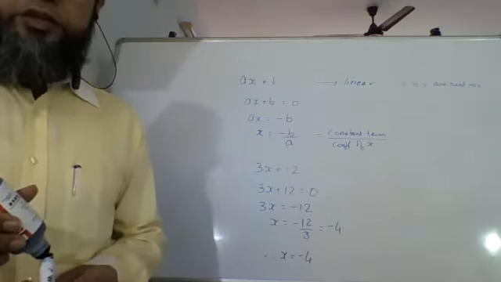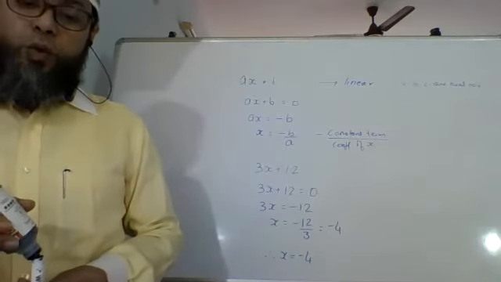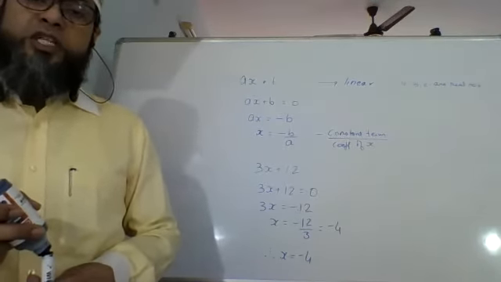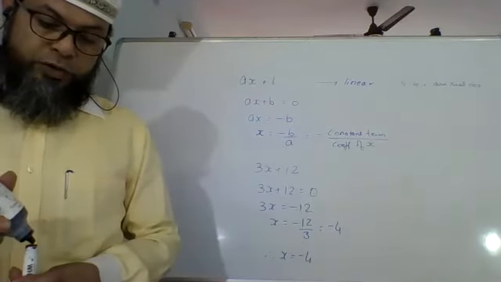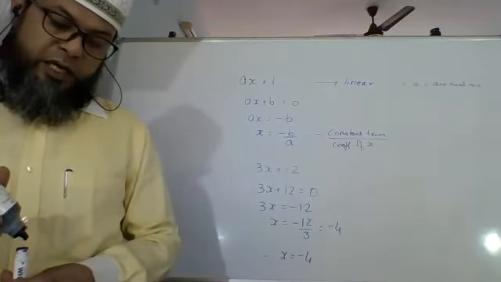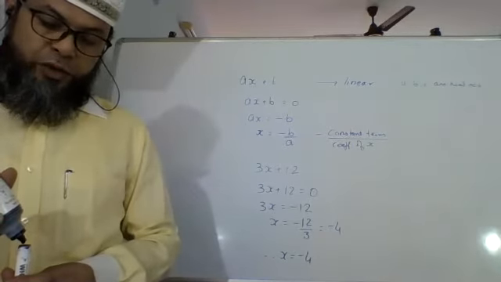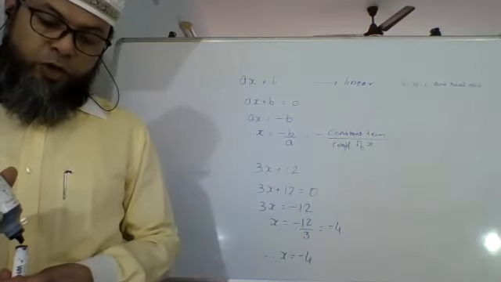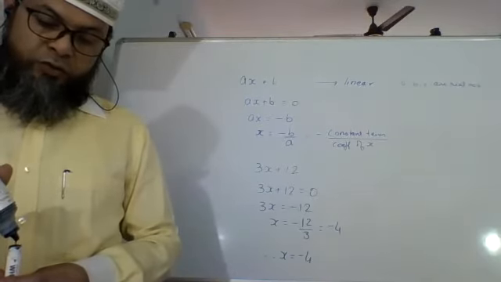In a linear equation, you have found x equal to minus 4. That means you have found one value of x for which the expression or the equation is returning value 0. When we solve quadratic, you will see there will be two values of x for which it will be 0. When we solve cubic polynomials, there will be not 1, not 2, but 3 values of x for which the expression will give value 0.